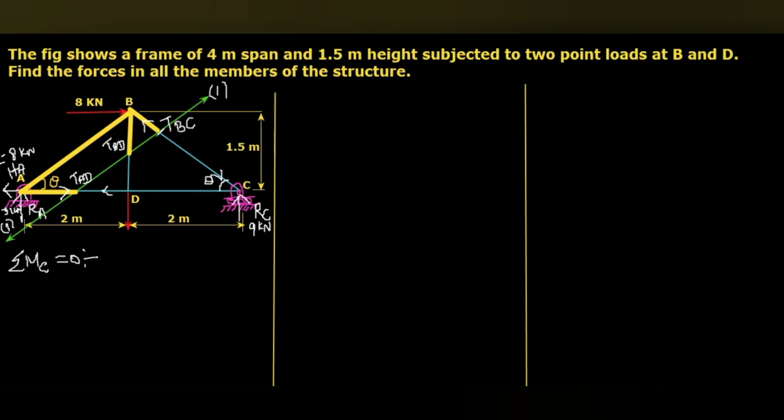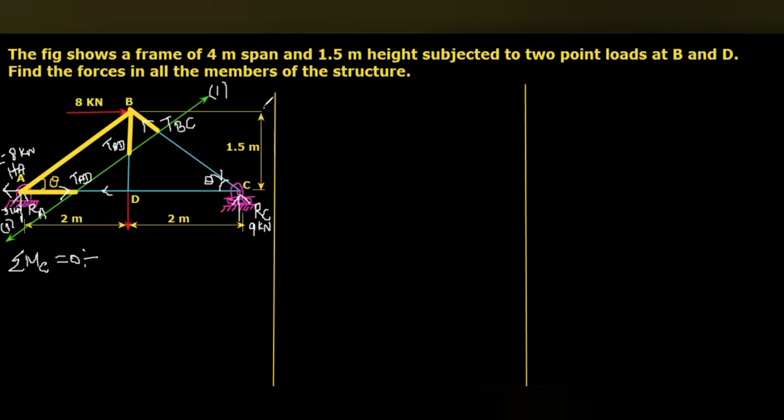Moment due to the other three forces, 8 kilonewton, RA, and TBD, we have to consider. So when you take moment about C, this is 8 kilonewton. Do you understand? You can see this is the line of action, then the perpendicular distance. We can consider the 8 kilonewton at point B along this line.